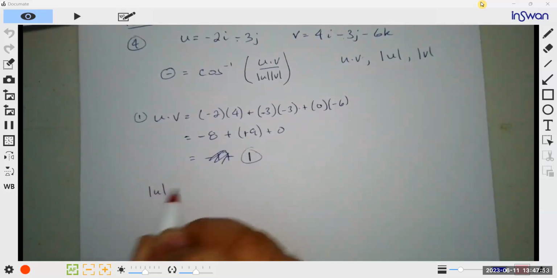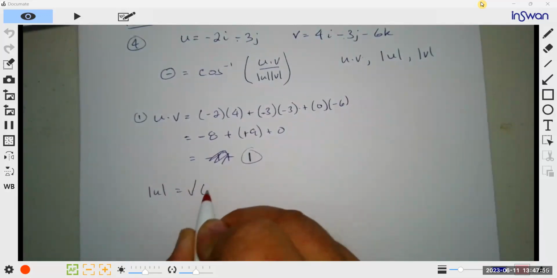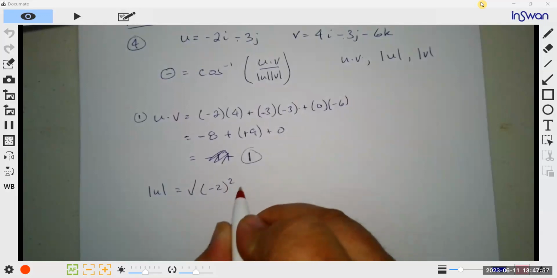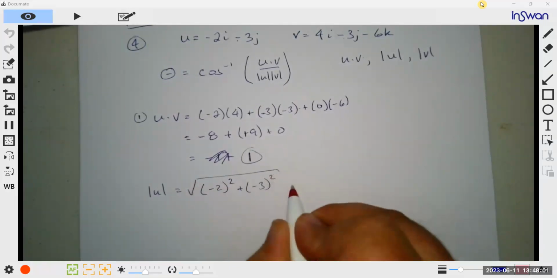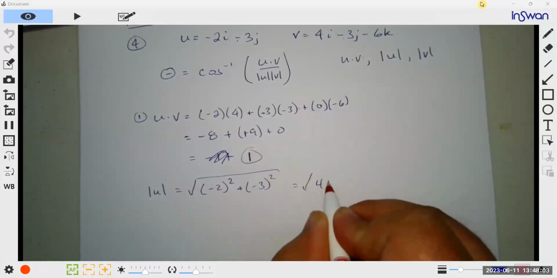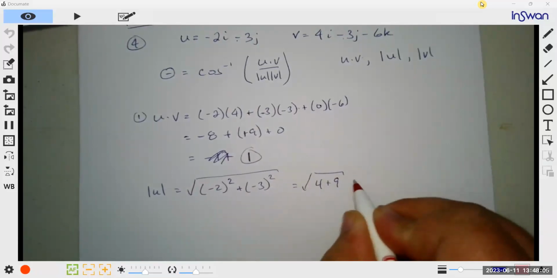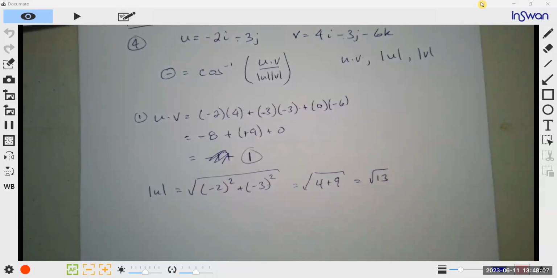Then the magnitude of u: negative 2 squared, negative 3 squared. 4 plus 9 is radical 13.